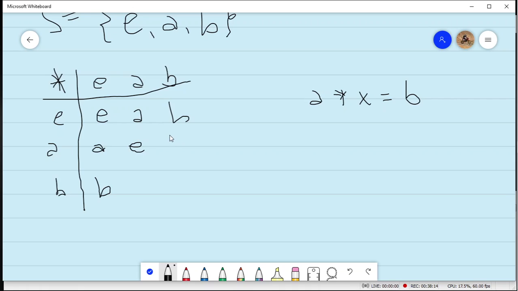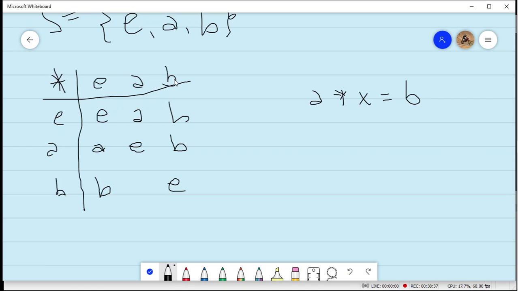So, if we just say we put B there, take note that there would only be one spot left for this column, and such spot cannot be taken by any other element but E. See that? Why?